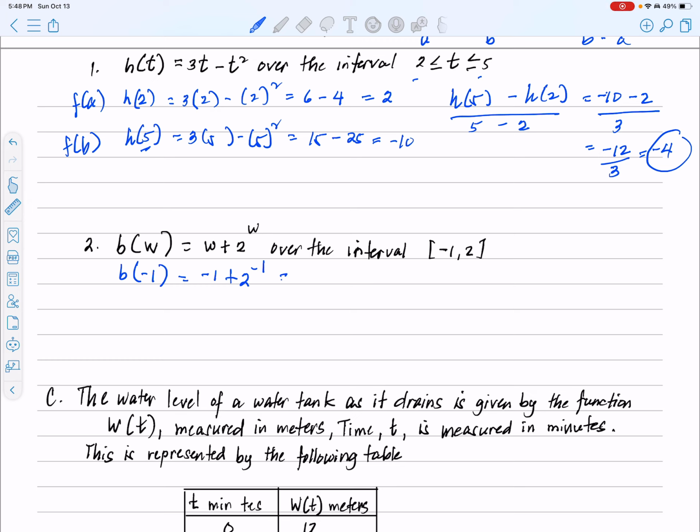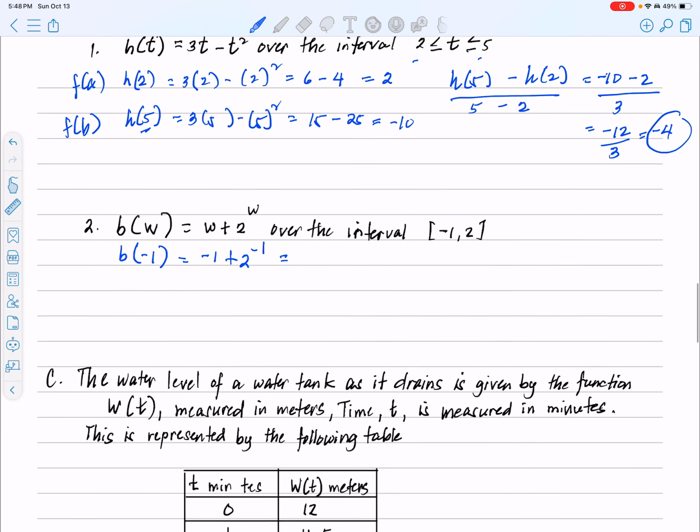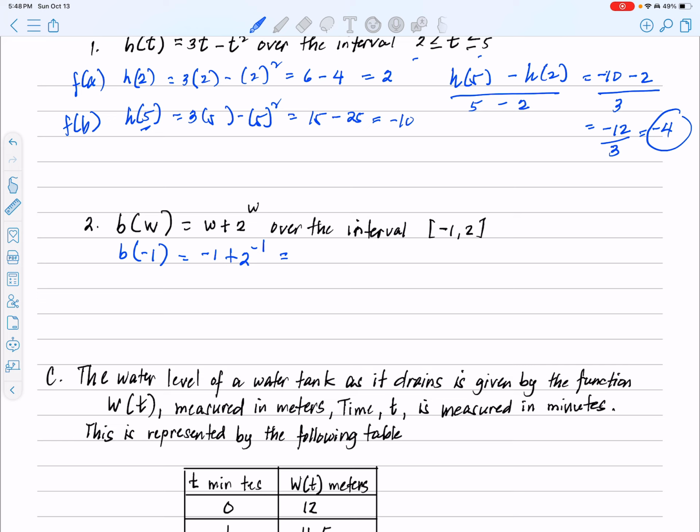Take note, we're going to use our knowledge of a negative exponent, from the prerequisite review of laws of exponents. How will we change 2 to the power of negative 1? By getting the reciprocal and making it positive. So this becomes negative 1 plus positive 1/2, which is negative 1/2.